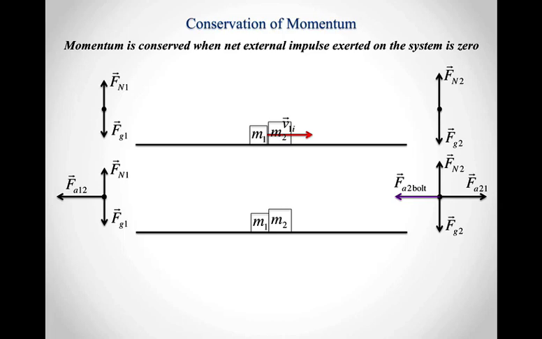But now there are these two applied forces where block 1 is pushing block 2 to the right and block 2 is pushing block 1 back to the left, and those are internal if I want to talk about my 2-block system. Equal in magnitude, opposite in direction, add them together, I'm always going to get 0.